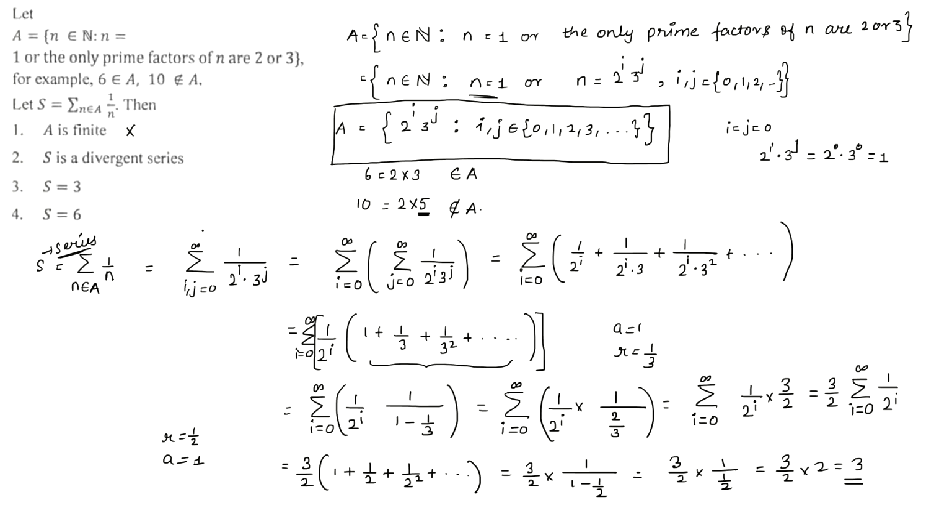We obtained that the value of S is equal to 3, so S cannot be a divergent series. S is a convergent series. Option 3 is S is equal to 3, so that is correct, and therefore option 4, which says that S is equal to 6, will be wrong. So option 3 is the correct answer. Thank you.